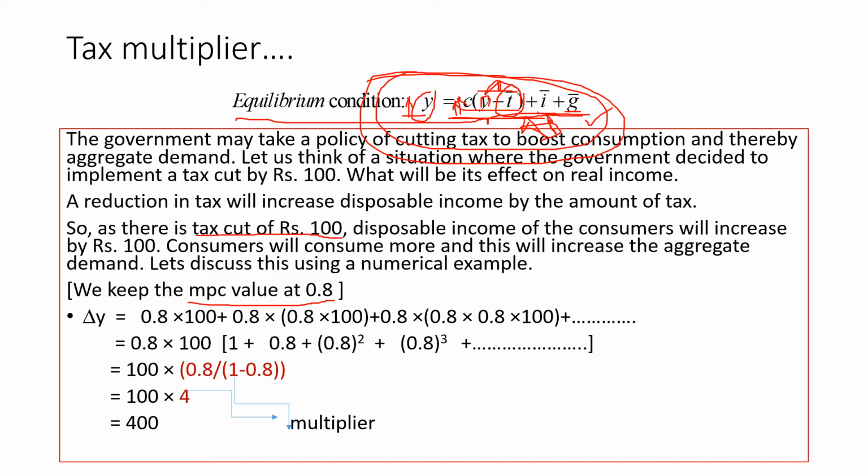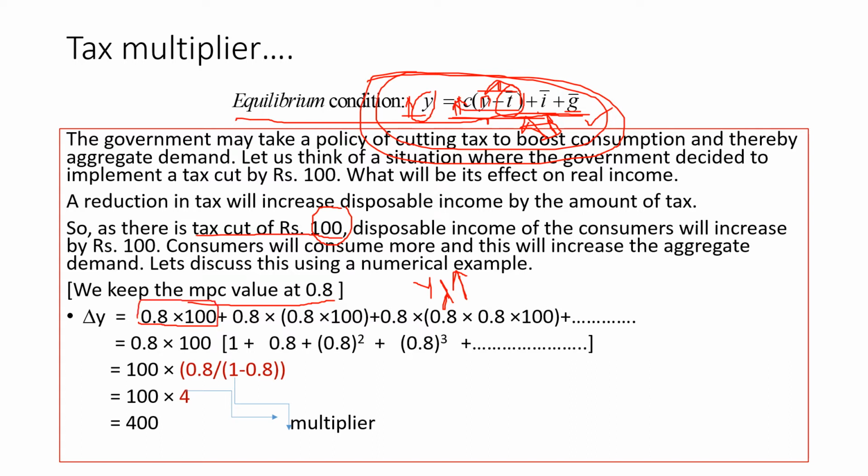If there is a tax cut of 100 rupees, that's going to increase your YD, disposable income, by exactly 100 rupees. Why? Because you are now paying 100 rupees less tax than before. So that's going to increase your YD. If your MPC is 0.8, you are going to increase your consumption by 0.8 of 100 rupees. That is 80 rupees.